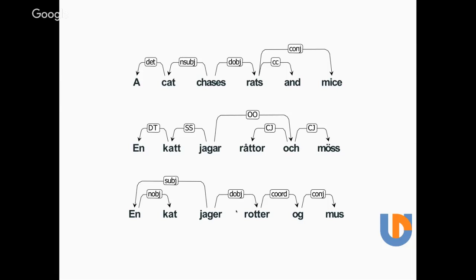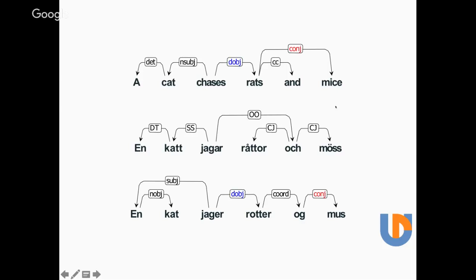The syntactic structure is completely the same in the three languages, in the three examples, but you can see that the dependency relations, the very names of the dependency relations, are different. So it's very difficult to make some cross-lingual evaluation of NLP tools when you deal with different annotation styles.